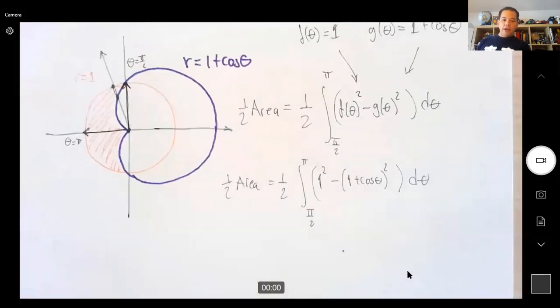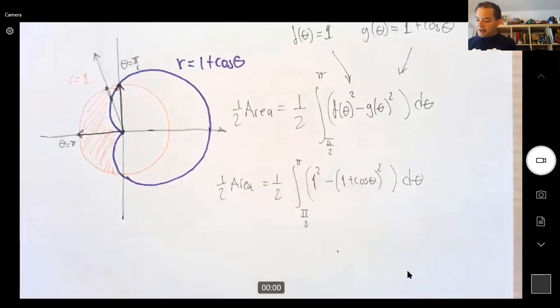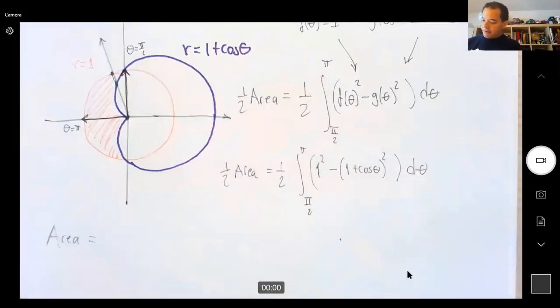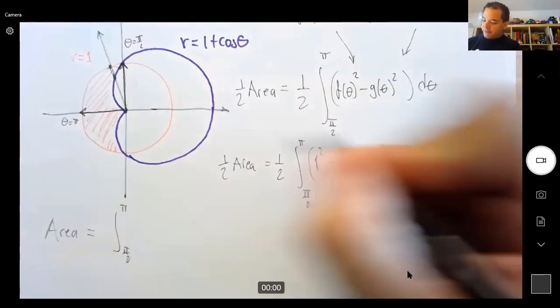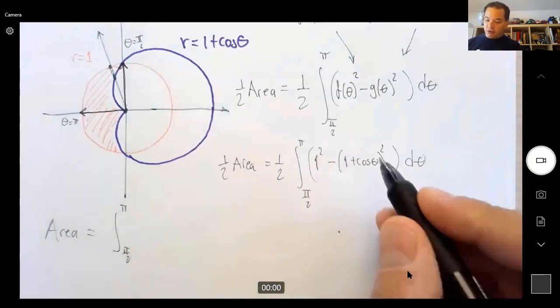So all we need to do now is figure out this integral, and that's where we're going to pick it up. First thing I'm going to do is cancel this 1/2. So the area that we're looking for will really be just this integral from pi over 2 to pi of, and we need to expand this square. There's really no other way.